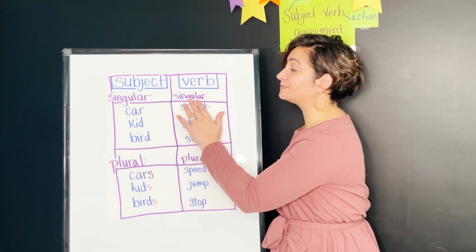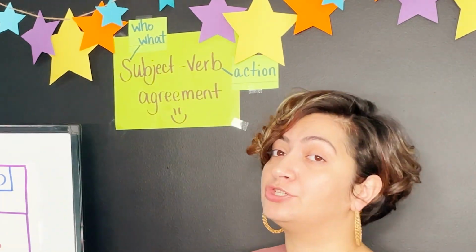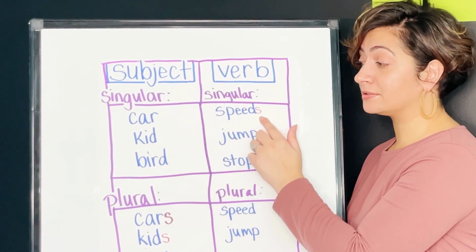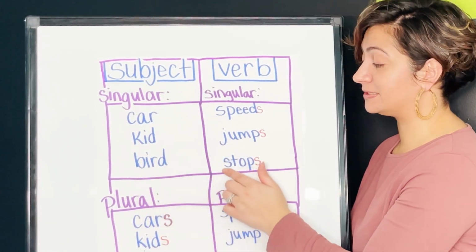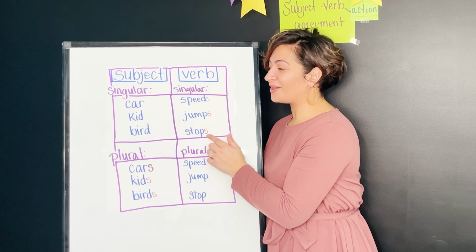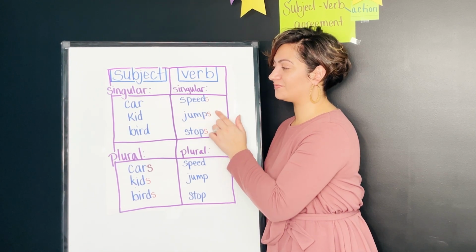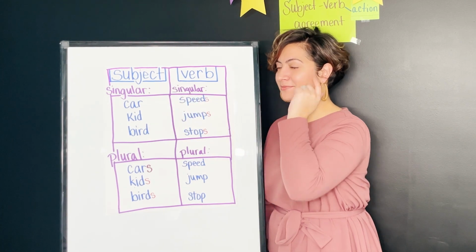And here we have some singular verbs. Remember, verbs are those action words. What are they doing? The car speeds. The kid jumps. The bird stops. So if you notice, there's an S at the end of all these verbs. They're singular. Keep that in mind.